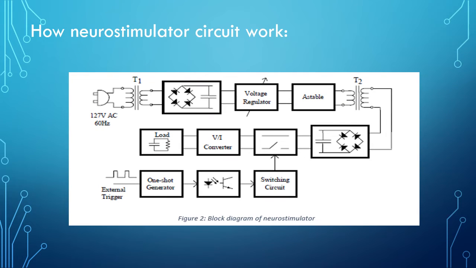Now, how does the neurostimulator circuit work? As I said before, the neurostimulator is the core of a nerve stimulator device. This is a very basic block diagram of the neurostimulator. Keep in mind that there are many other designs.